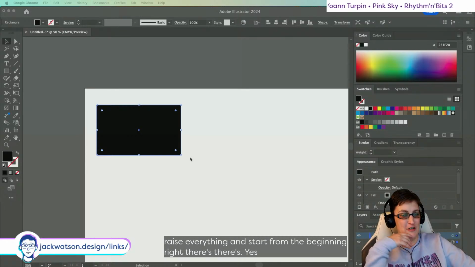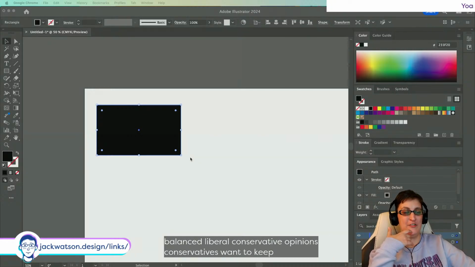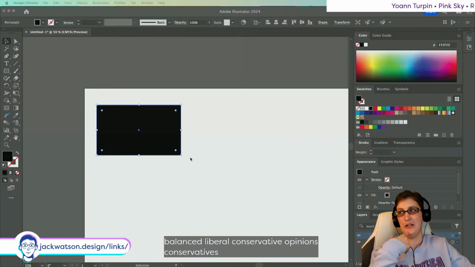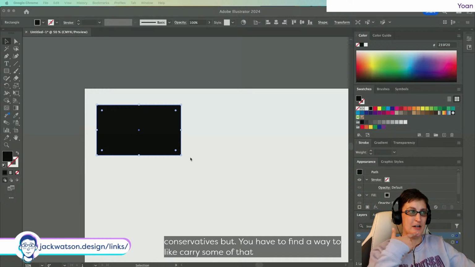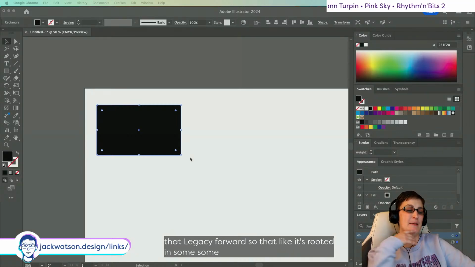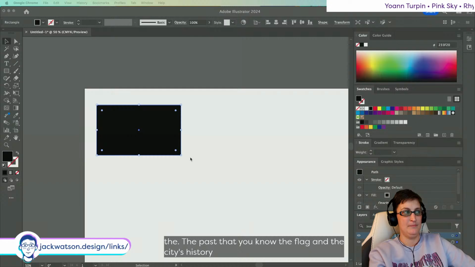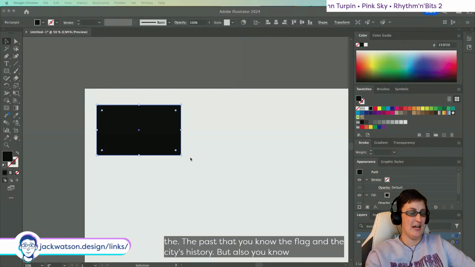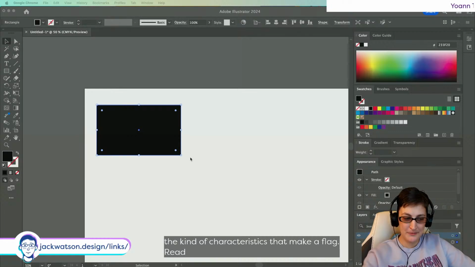Yes, Corey's saying you need to try and balance liberal and conservative opinions. Conservatives want to keep the old, liberals want something completely new. You have to land somewhere in the middle. That's a good explanation of it, but you have to find a way to carry some of that legacy forward so that it's rooted in something from the past, the flag and the city's history, but also has all of the characteristics that make a flag readable.